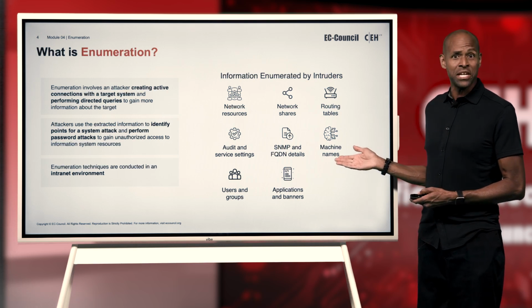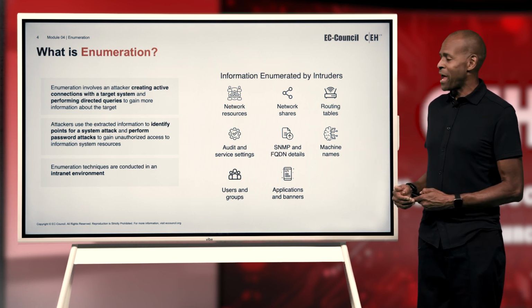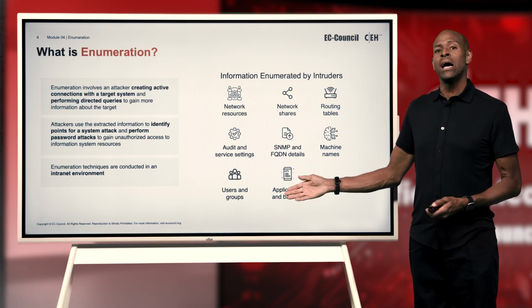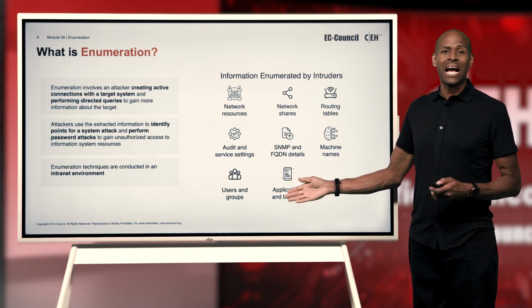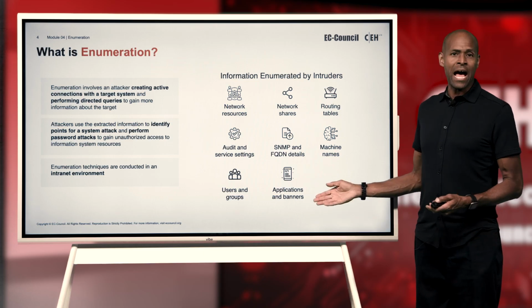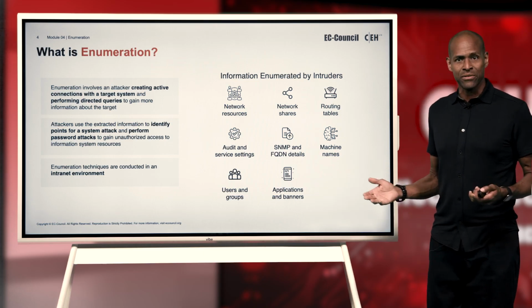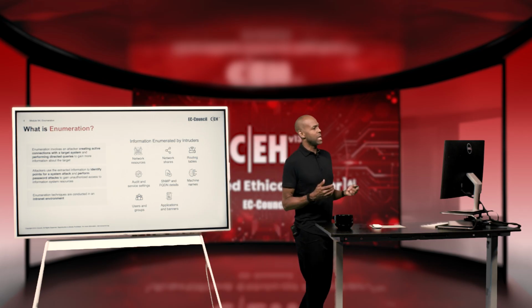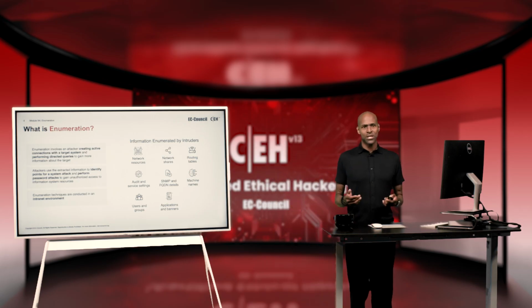Then machine names, which we're going to pair with IP addresses. Then we get users and groups, maybe from LDAP or Active Directory. And then applications and banners. So, wow, we can get a lot of intel from enumeration. Let's get started with our first protocol for enumeration.